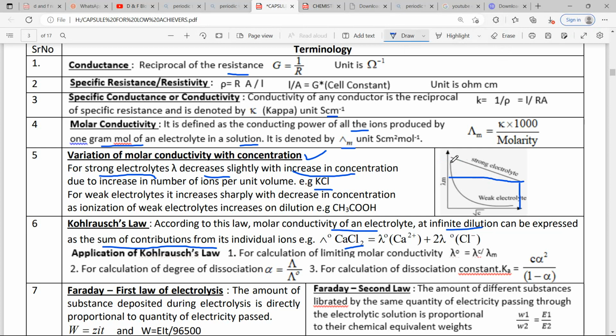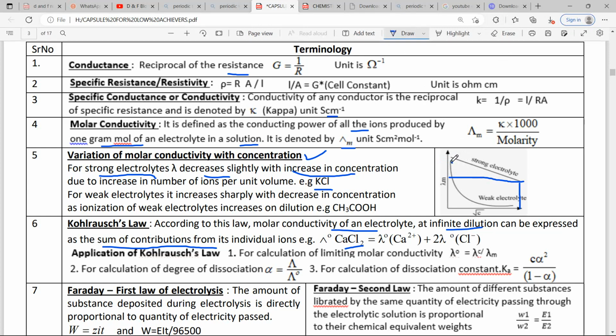If we extrapolate this one, it goes on parallel. It will not touch the conductivity line. It goes on parallel, so it is not possible to calculate the limiting molar conductivity of weak electrolyte. Strong electrolyte we can extrapolate and find out. Weak electrolyte we cannot find out. For that, Kohlrausch law is used.